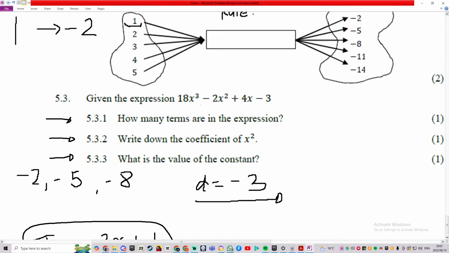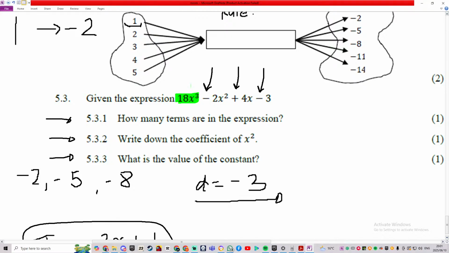Do you know what separates terms? A minus and a plus separates terms. So if I look here, I have 18x to the power of 3. That's my first term.